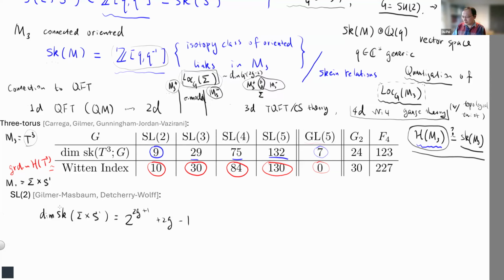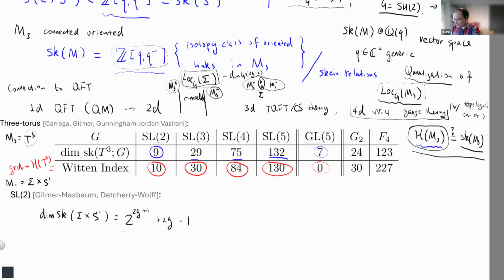This formula was first written down by Gilmer and Masbaum, who argued that this would be a lower bound of the dimension of the skein module. Later, Detcherry and Wolff proved that this is actually the dimension. What's so spectacular about this formula?